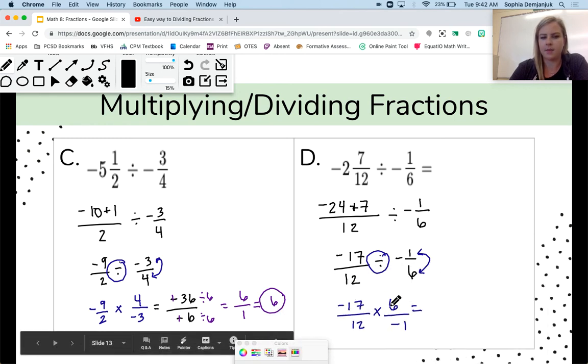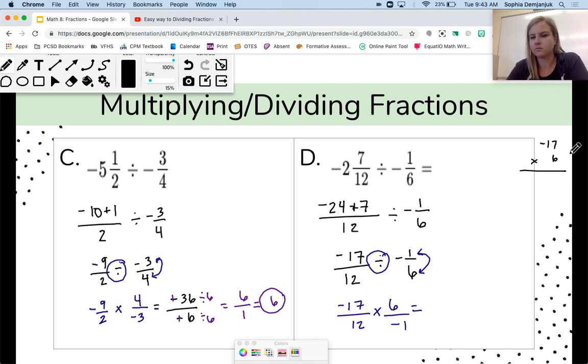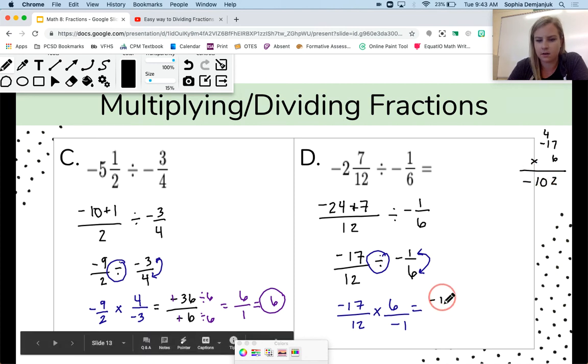Multiply across the top. Negative 17 times 6. We're going to start with 7 times 6 to give me 42. 6 times 1 to give me 6 plus 4 gives me 10, and it's negative. Negative 102 over negative 12.